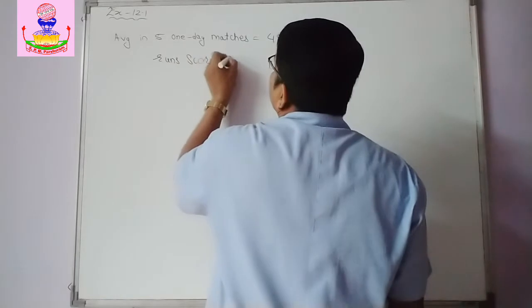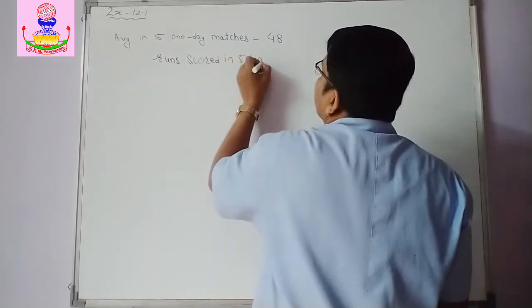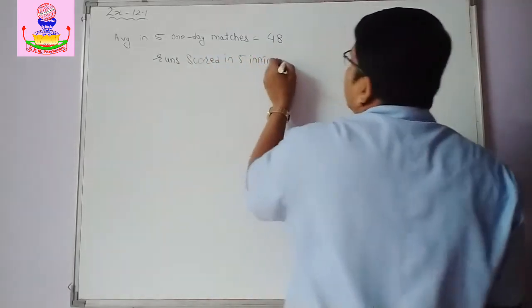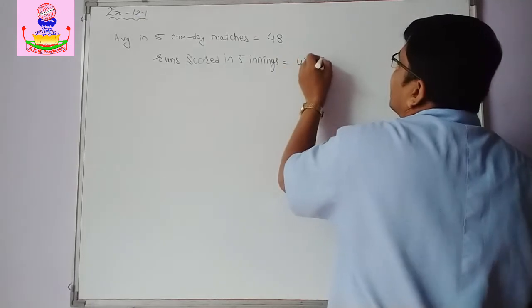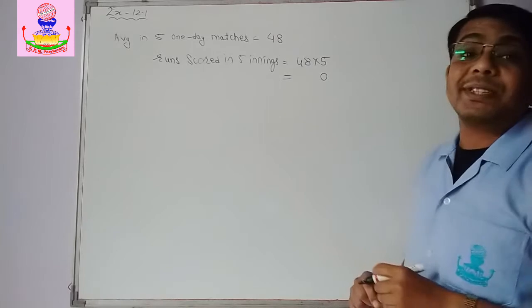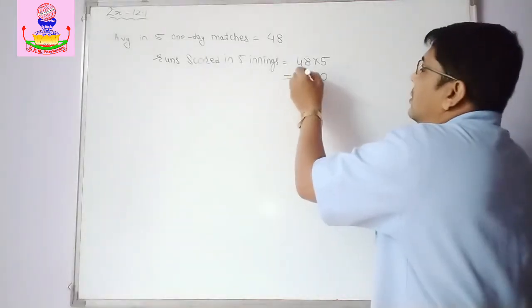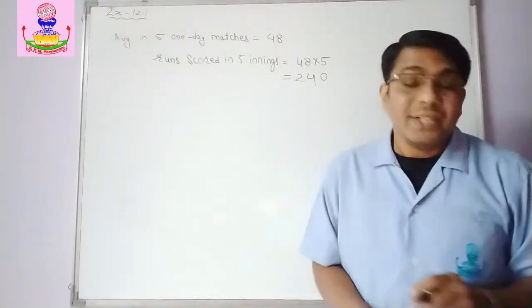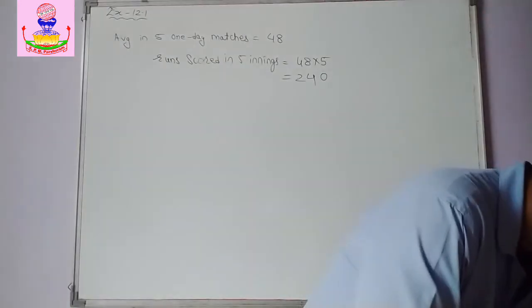Runs scored in 5 innings is equal to 48 into 5. 8 5s are 40, 5 4s are 20 plus 4, 24. So 240.